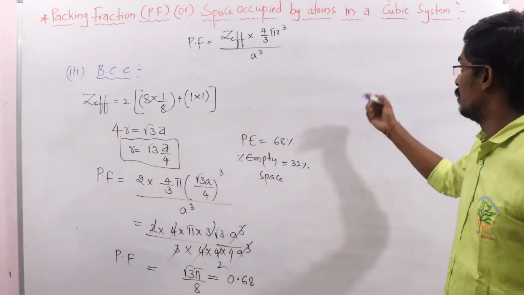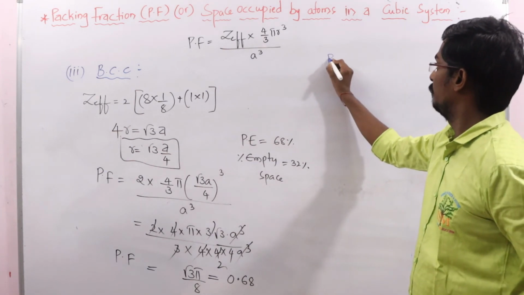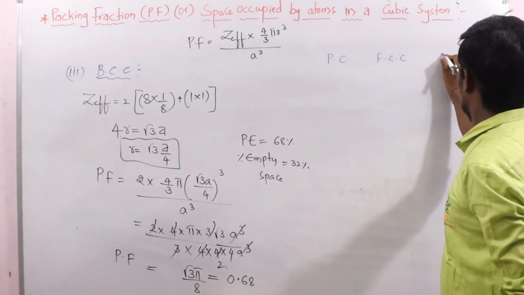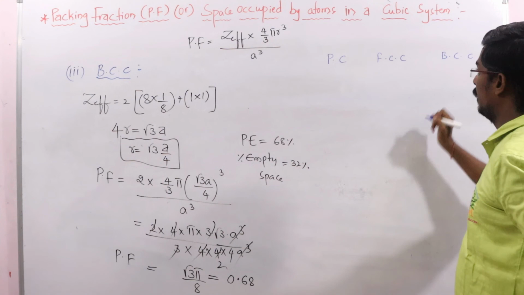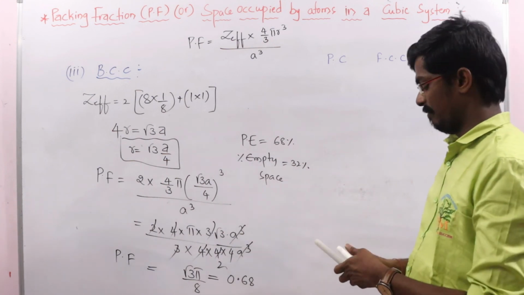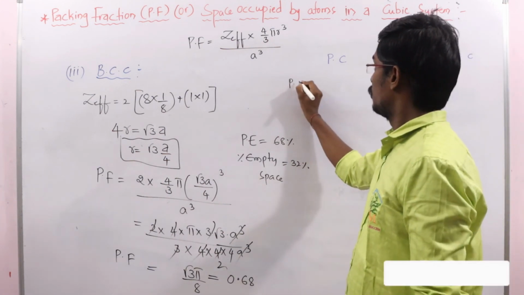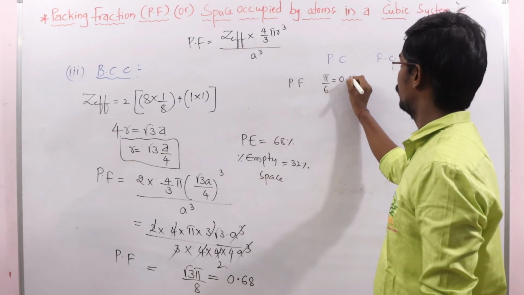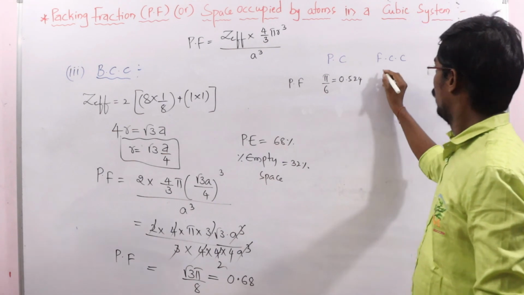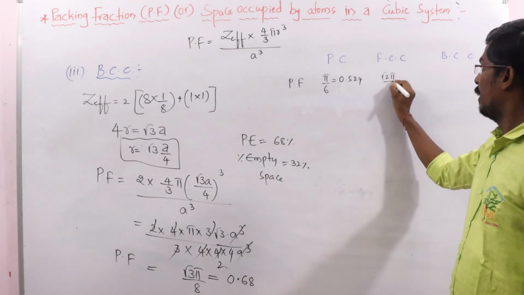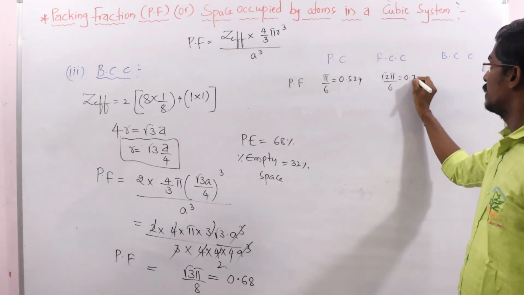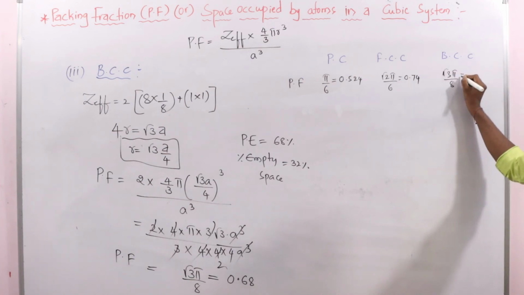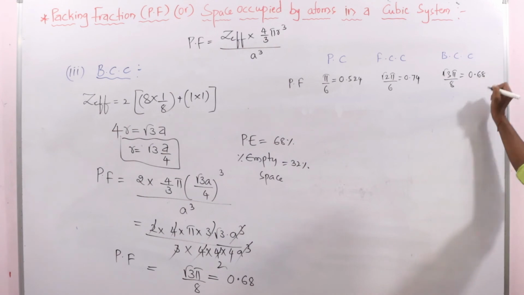Okay, so once again I would like to summarize. Primitive cubic or simple cubic, face centered cubic and body centered cubic. What are the packing fractions we have given? For simple cubic, pi by 6, nothing but 0.524. For face centered cubic, root 2 pi by 6, nothing but 0.74. And for body centered cubic, root 3 pi by 8, nothing but 0.68.